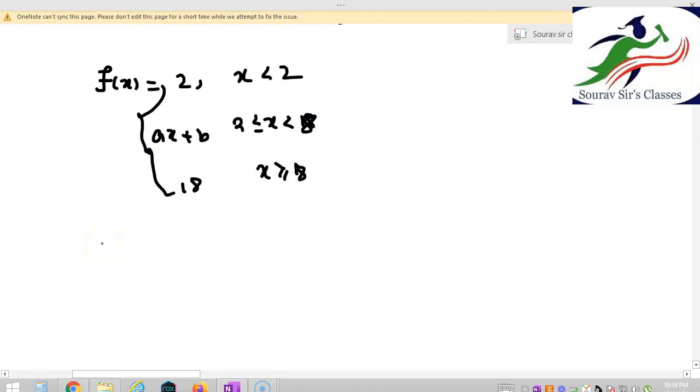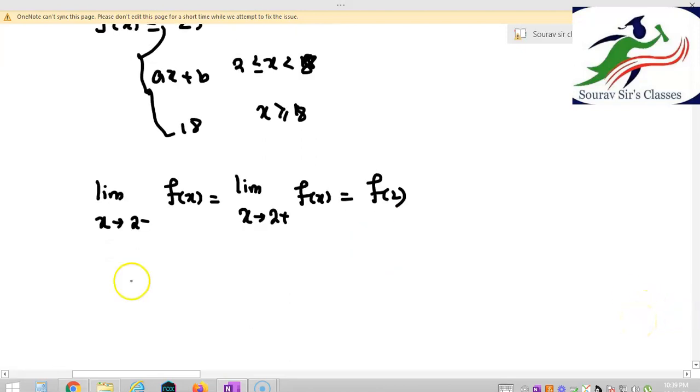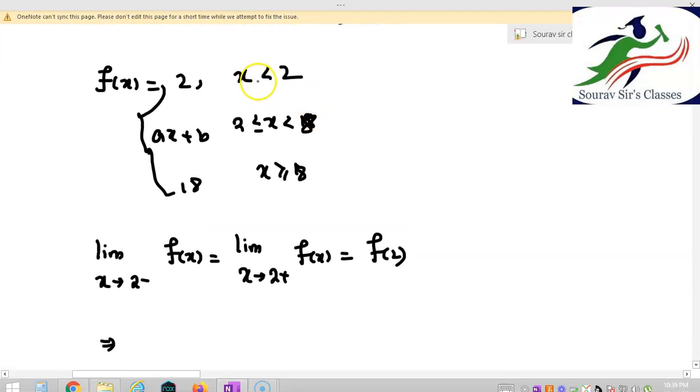Now first of all, as f is continuous at 2, I can say that limit x tends to 2 minus f(x) is equal to limit x tends to 2 plus f(x) is equal to f(2), right? Now when x tends to 2 minus, approaching 2 from the left hand side, x is less than 2, so f(x) is equal to 2.